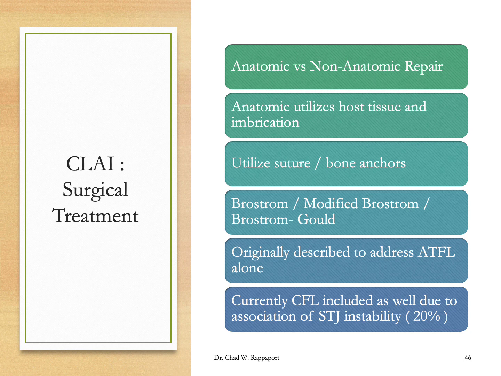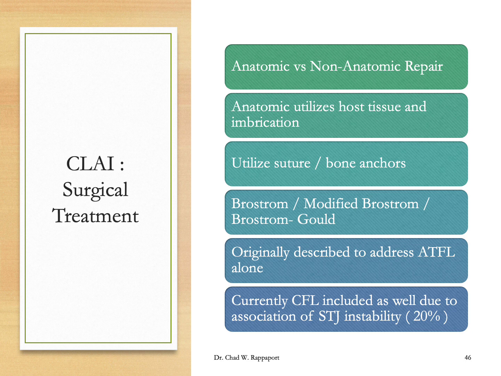The intention of this presentation was not to do a deep dive into surgical techniques, but that said, generally speaking, and for more historical purposes perhaps, surgeries have been divided into anatomic and non-anatomic repairs, wherein the anatomic repairs utilized host tissue with imbrication, with or without suture or bone anchors, in the form of a Brostrom or modified Brostrom or Brostrom-Gould.